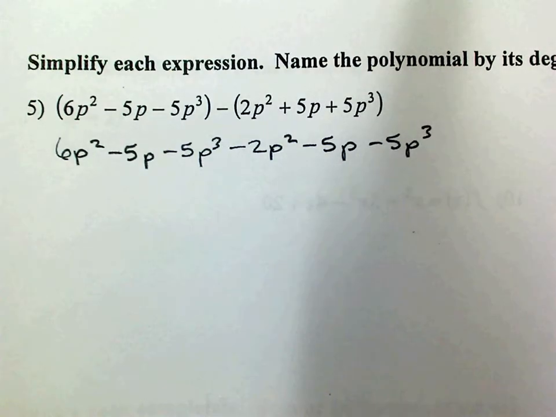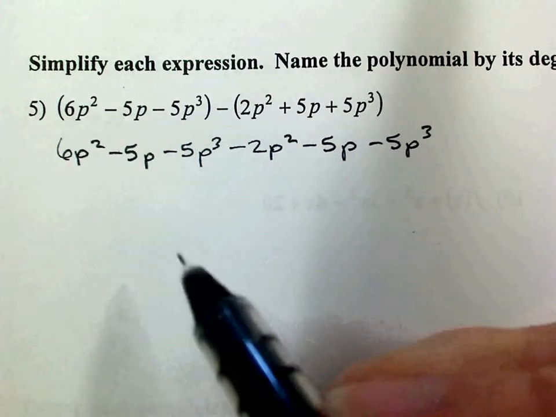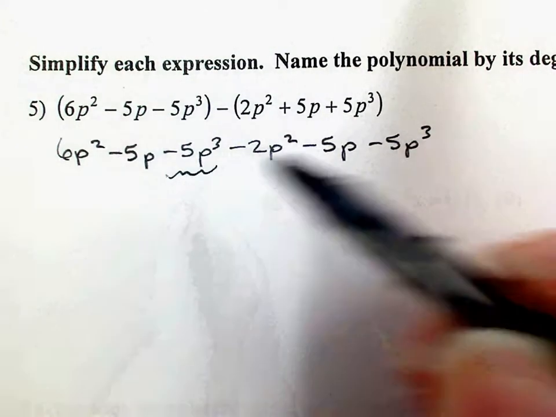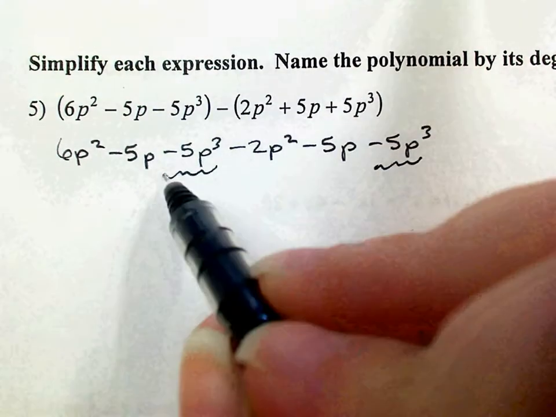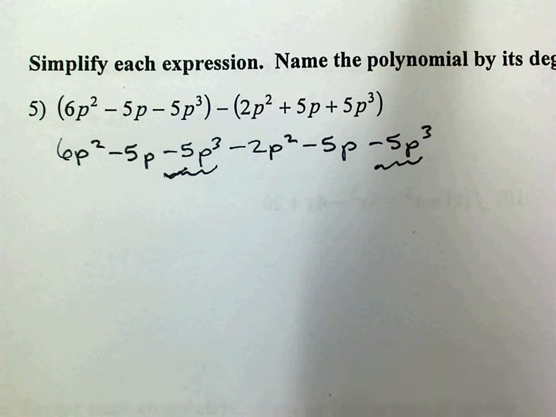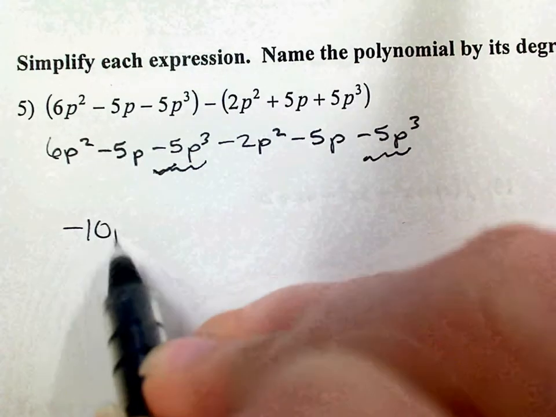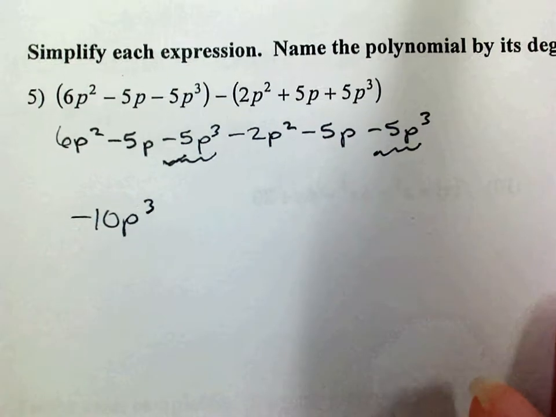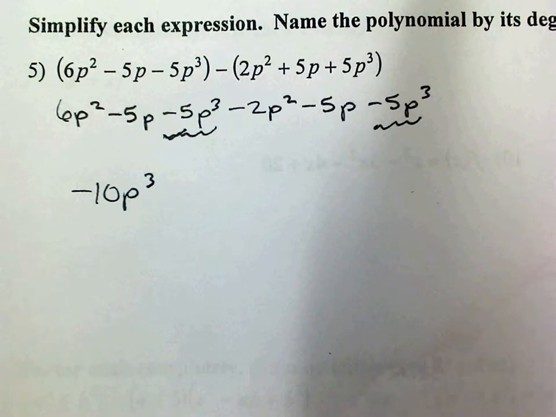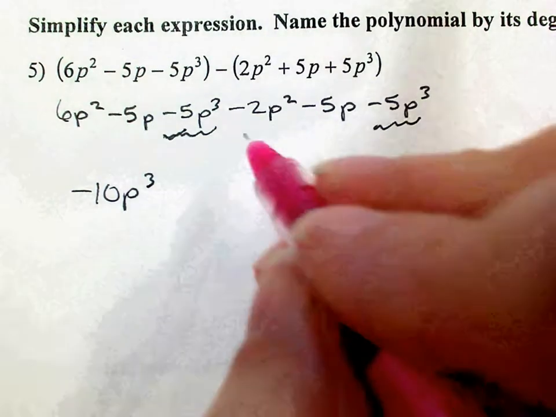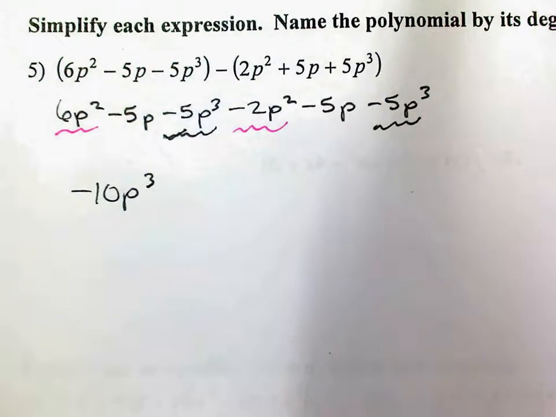So let's find the highest power. What's the highest power? 3. So there's a negative 5p cubed and a negative 5p cubed. That's a total of how many? Okay, so let's write that down. What's the next highest power? Okay, so I've got 6 minus 2.